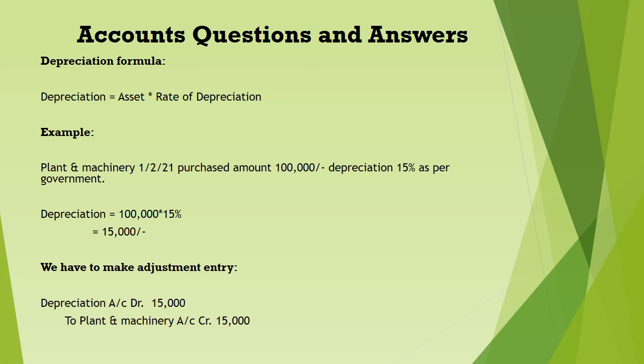Similarly, for buildings, vehicles and so on, you can make the same kind of entries. But you know land is not depreciated. We are not going to depreciate the land because the land amount is not going to decrease, it is only going to increase.